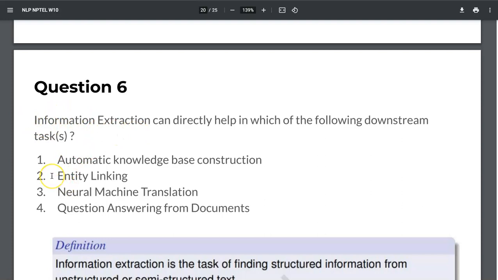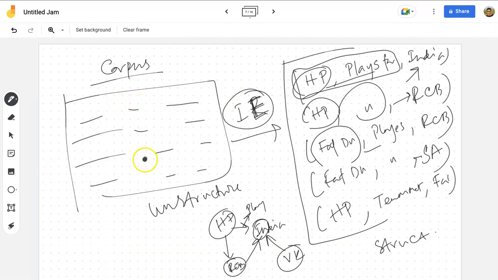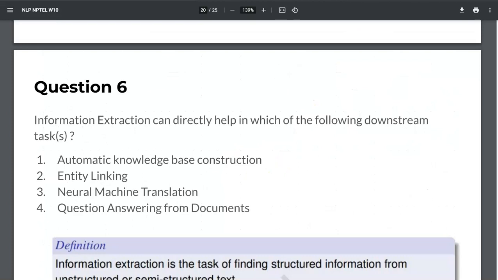So number 2 is not the right option. Number 3 is neural machine translation. With information extraction, there is no direct relation with machine translation, because when you are extracting information from an unstructured corpus to a structured corpus, there is no relation with machine translation. Okay, so number 3 is also not right.